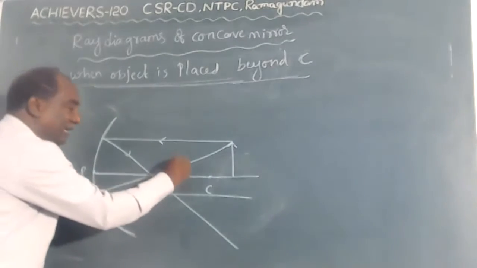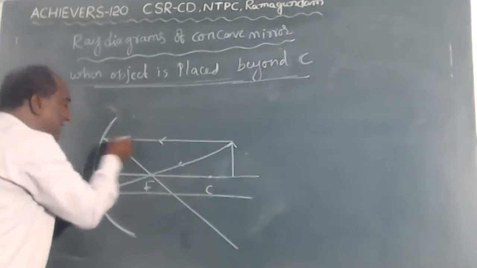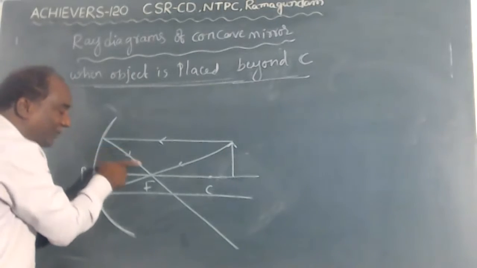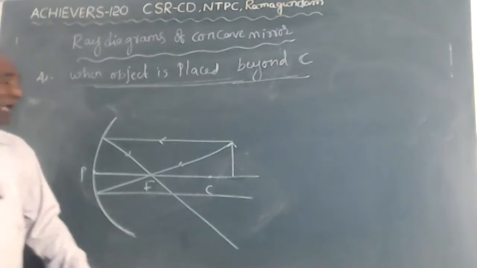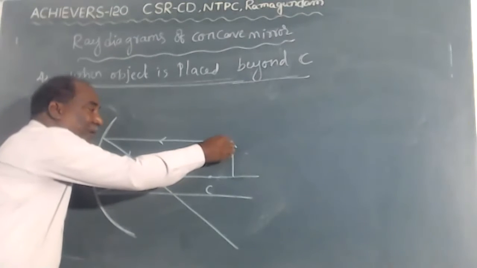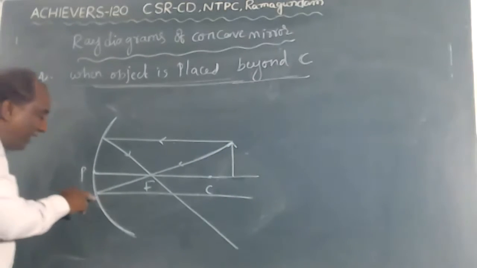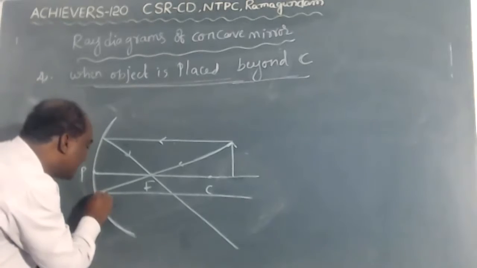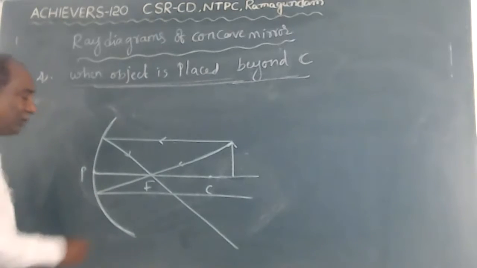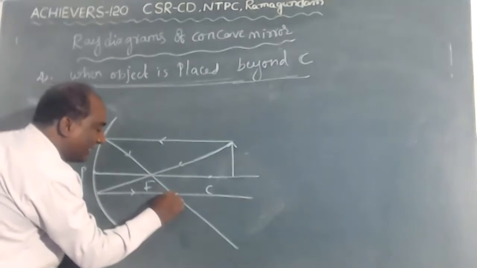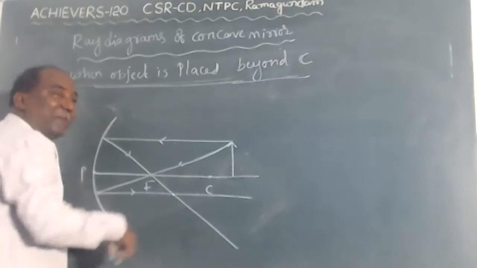So now see here, children. Parallel rays strike the curved surface, reflected rays pass through the focus, and the second incident ray comes from the tip of the object and passes through the focus. The reflected ray is parallel to the principal axis. Now the two reflected rays intersect at this point. This is the image point.